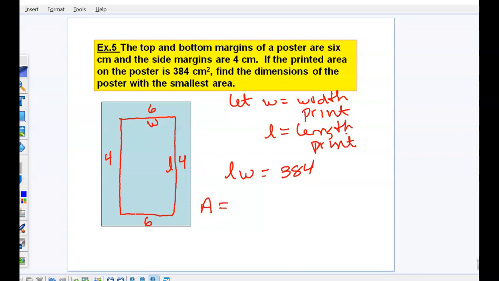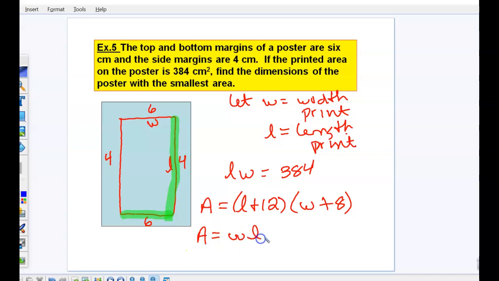Well, if I know that this length here is L, and I have a 6 on the top and a 6 on the bottom, the entire length is going to be L plus 12. And if I know this width is W and I have 4 on each side, I know the width of my entire poster is going to be W plus 8. So if I was to multiply these, I'd get W times L plus 8L plus 12W plus 96.